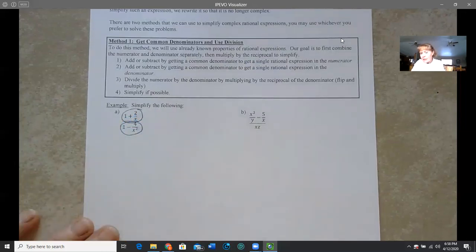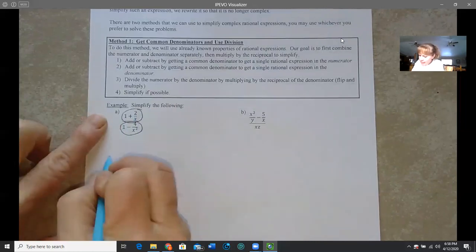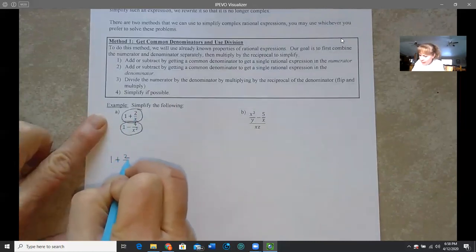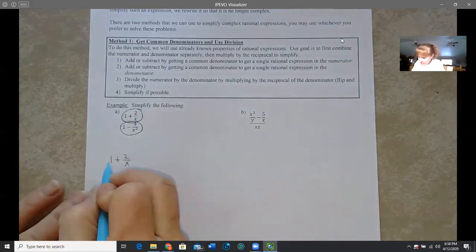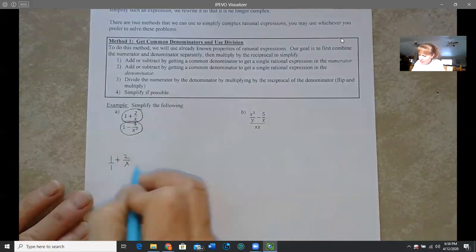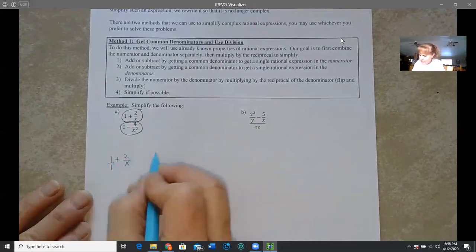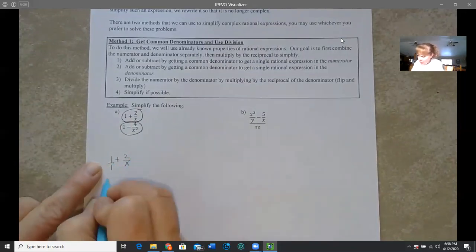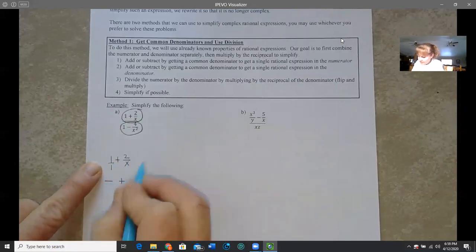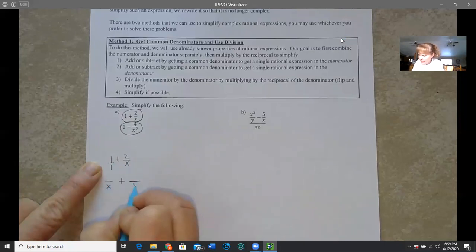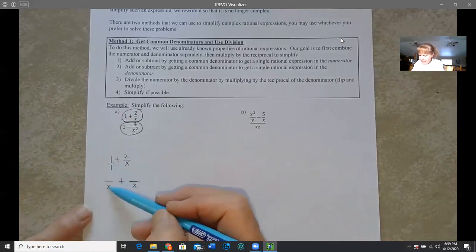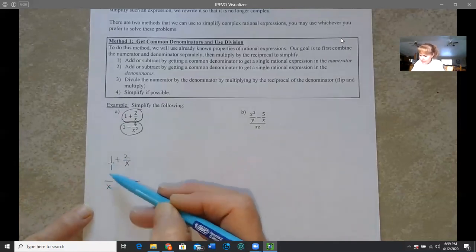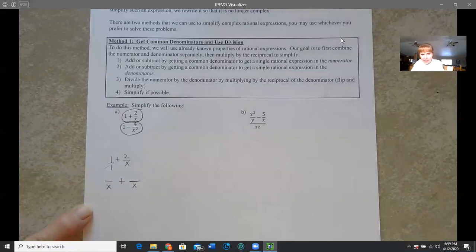So I need to take 1 plus 2 over x. What that means is I need a common denominator. Well, the 1 is over 1. Our common denominator for this numerator here is x. So I'm going to change these to a denominator of x. To go from 1 to x, you need to multiply by x.